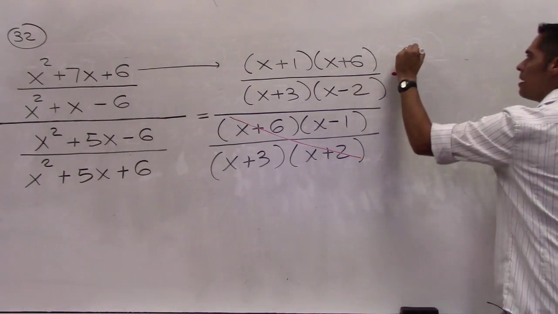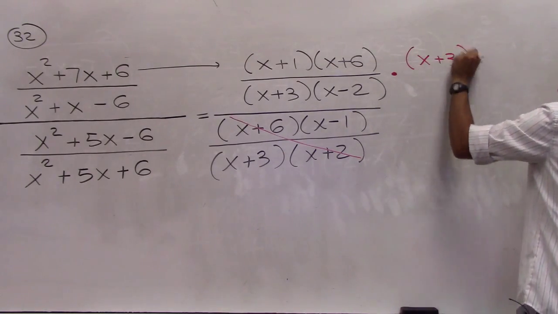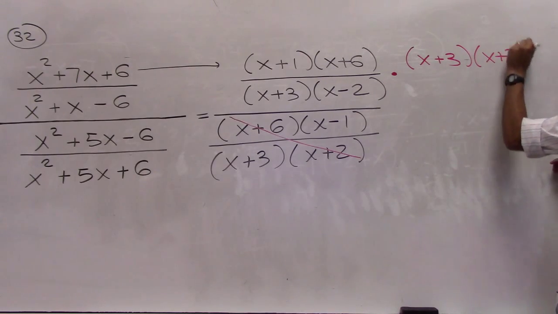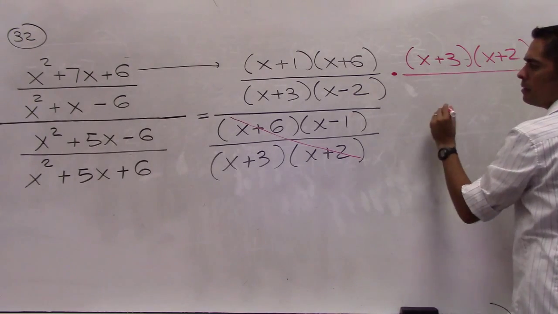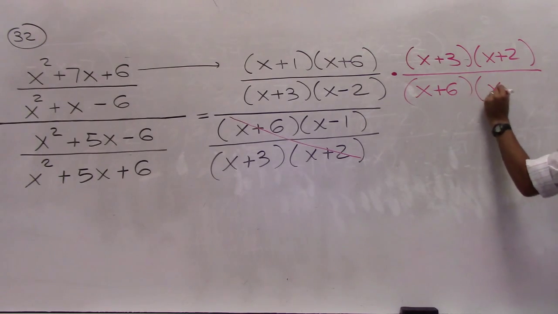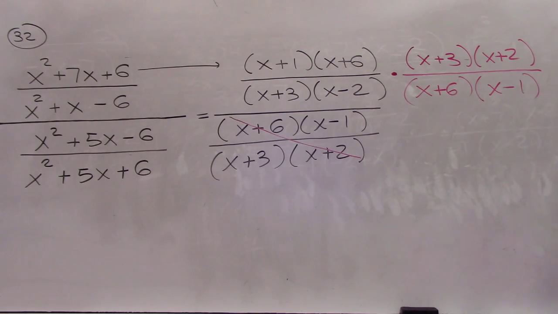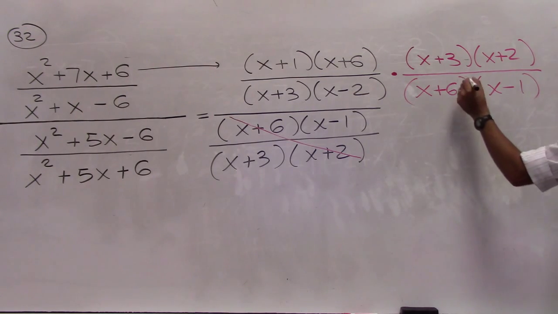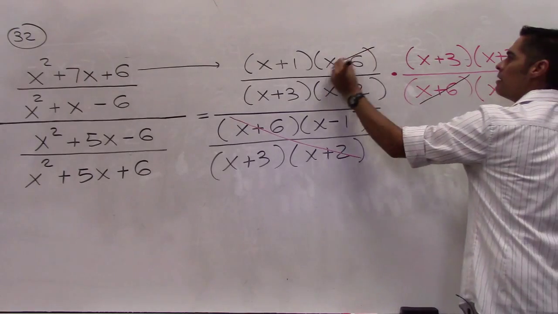So the bottom becomes the top. And then the top became the bottom. And if there's any justice in the world, something's going to cancel. X plus 6 and X plus 3.